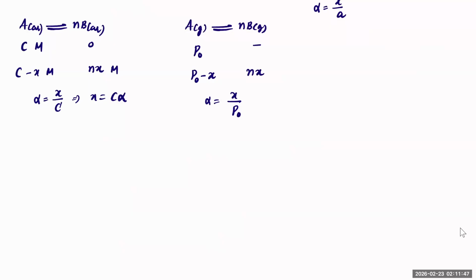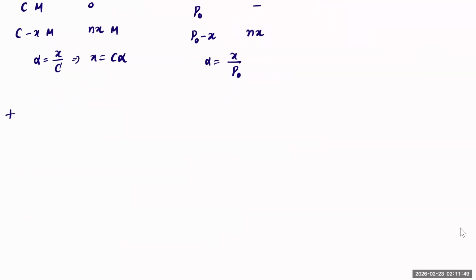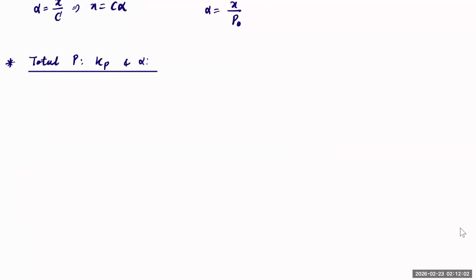The first case that you need to learn is when total pressure is given. So total pressure, Kp and alpha, relating these two is very, very essential. I'll take one case, just to explain how it goes. You can apply it for all the cases. Suppose you have SO3 gas in equilibrium with SO2 gas and half O2 gas.